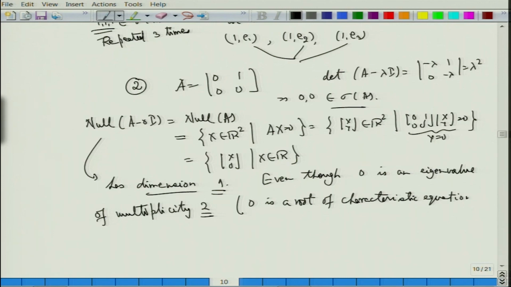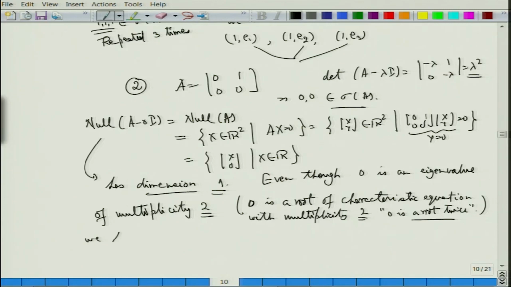So 0 is a root of the characteristic equation with multiplicity 2. Multiplicity 2 means 0 is a root twice. So basically 0 is a root twice, all right. This is what I am saying.